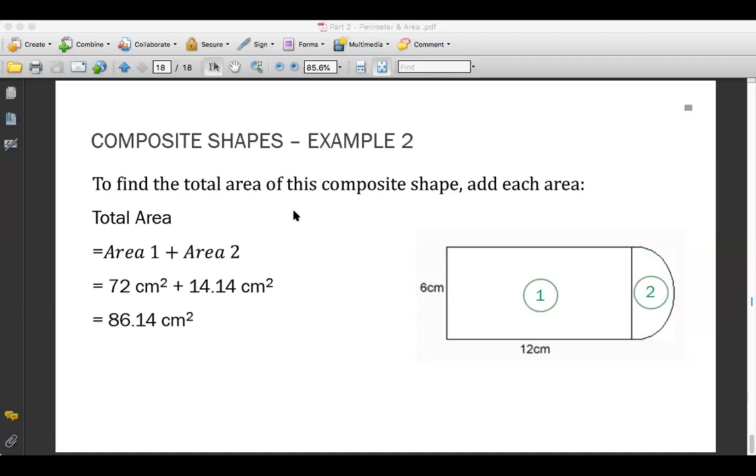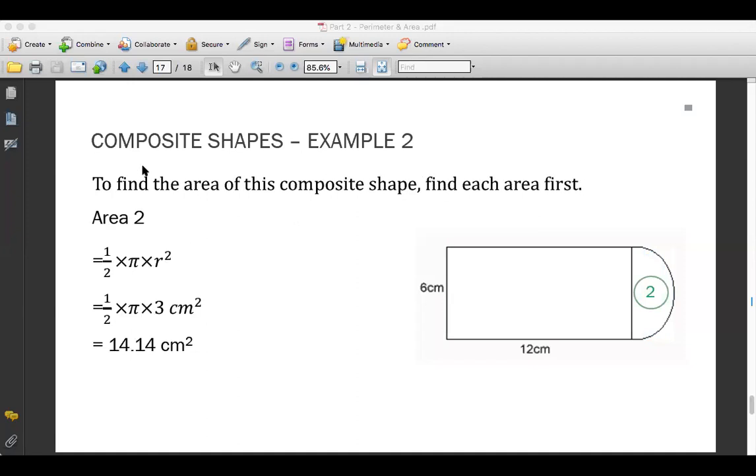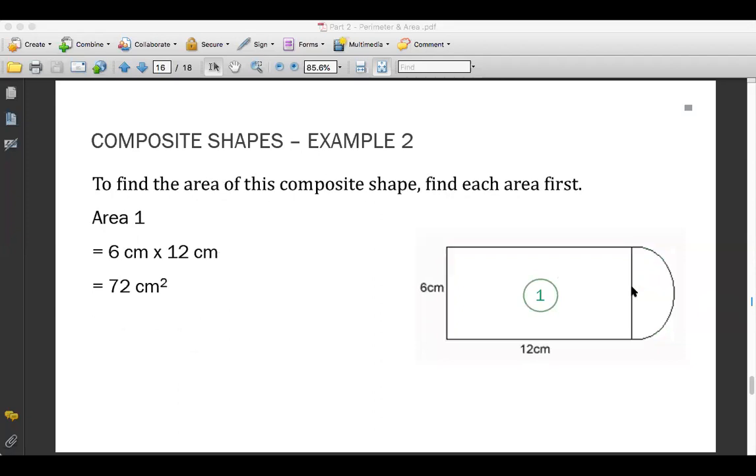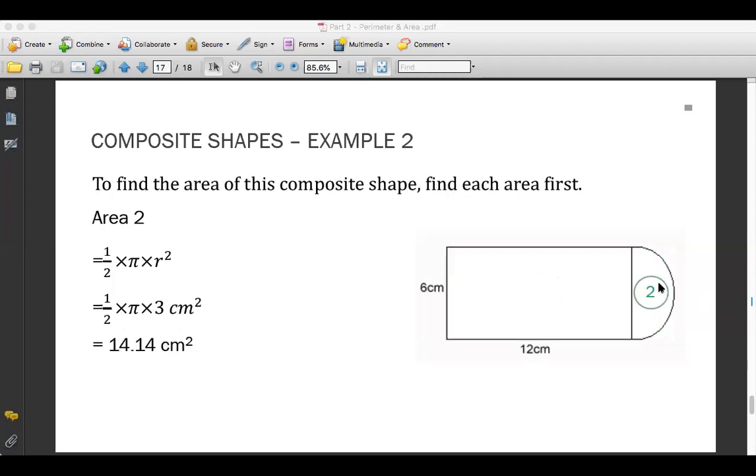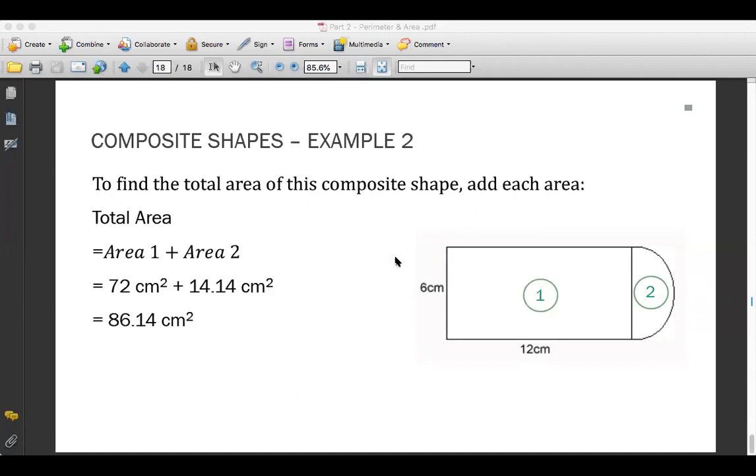Once you already found the area of part 2 and the area of 1, what do you have to do next, Ashley? Once you already found the area of the rectangle 1 and the area of the semicircle 2, what do you do to find the total composite shape area? Plus it together. Yeah, just plus it together.